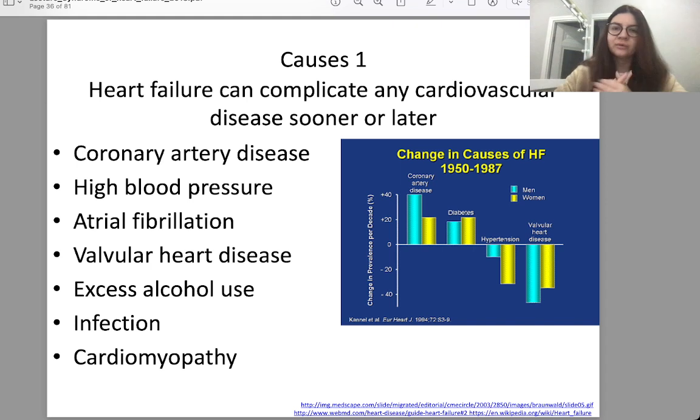Heart failure is always secondary to something. And one more time, attention to this phrase: it can complicate any cardiovascular disease, any of them. All that you learn in cardiology sooner or later results in heart failure. Moreover, a lot of non-cardiovascular diseases can lead to heart failure.